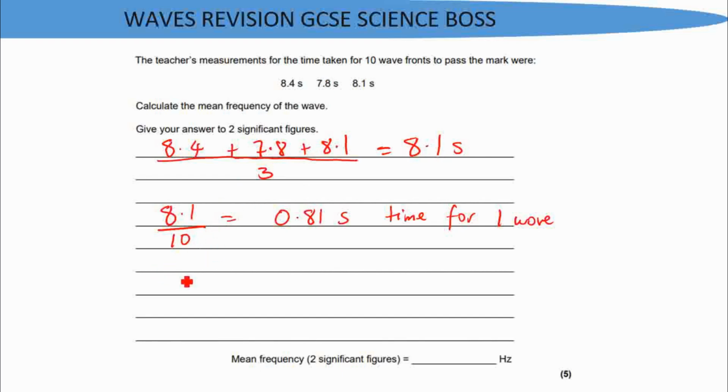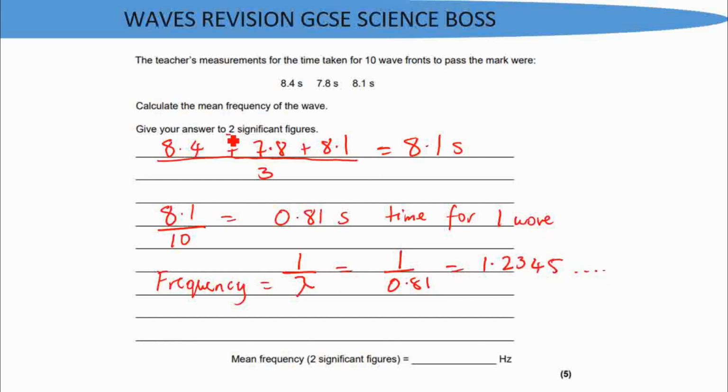Okay, and then to find the frequency, it is equal to 1 over the time period. Okay, this is going to be 1 divided by 0.81. Okay, and if you've done that in your calculator, you're going to get a frequency of 1.2345, lots of other numbers.